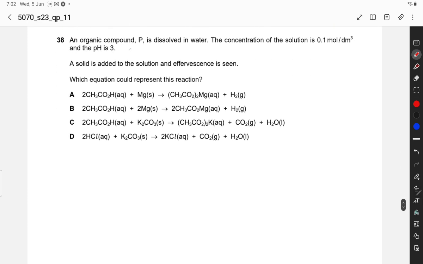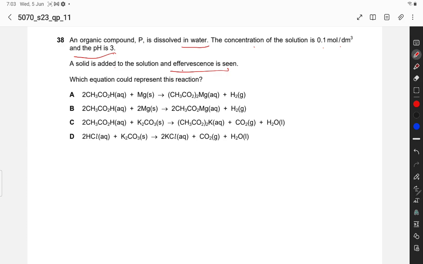An organic compound P is dissolved in water. The concentration of the solution is 0.1 mole per dm cube and the pH is 3. A solid is added to the solution and effervescence is seen. Which equation could represent this reaction?